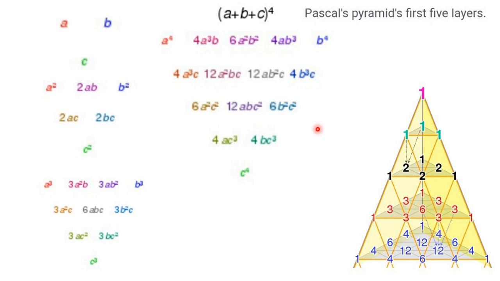And in the fifth layer, you see 1 4 6 4 1, that is the Pascal line, and similarly on the other two sides 1 4 6 4 1. But here three new values are coming: 12, 12, 12.